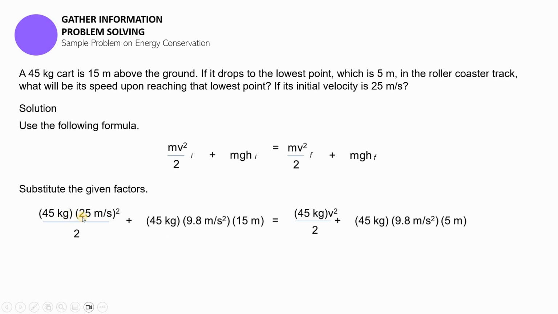Here naman, we're going to be getting kilogram meters squared per second squared. So they have the same kind of unit. In here, it's going to be a multiplication between 45 kilograms by the final velocity, which is no longer written here, but it's supposed to be there, okay? So do not follow this mistake. It's supposed to be squared, whatever the value will be, and then divided by 2.